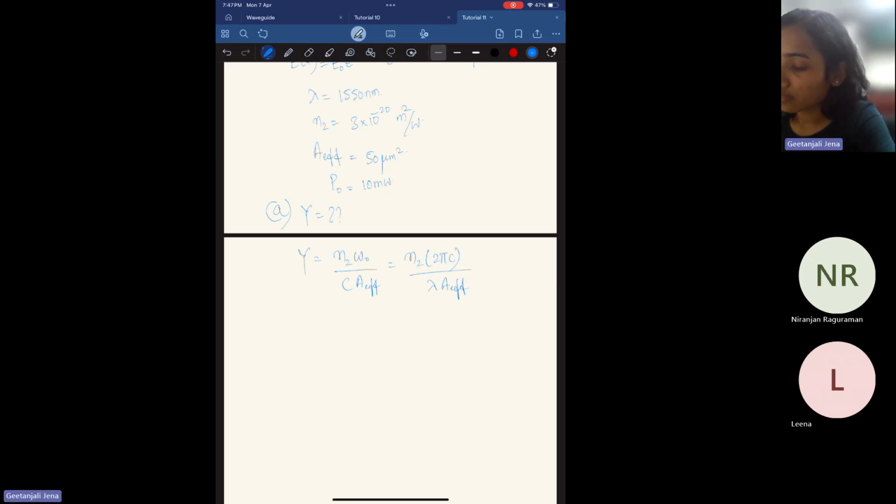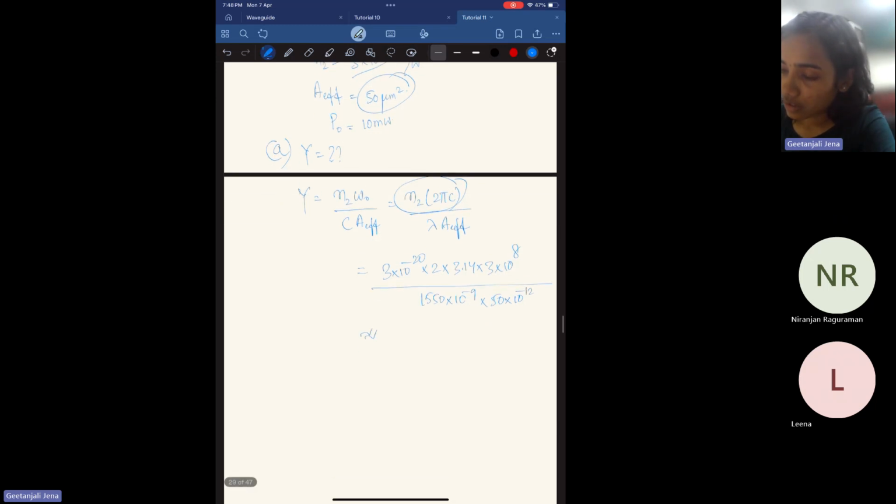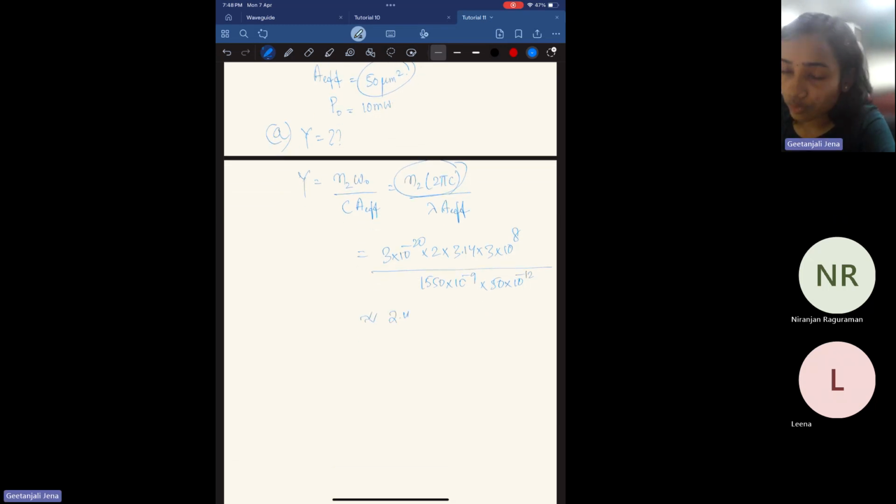This is already given. n2 is 3 into 10 to the minus 20, lambda is also given, and A effective is 50 micrometer square. So we have 3 10 to the minus 20, 2 pi c, lambda is 1550 10 to the minus 9, and A effective 50 into 10 to the minus 12. So this will come around 2.43.